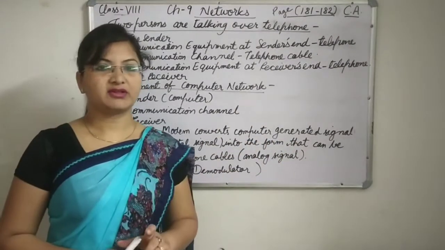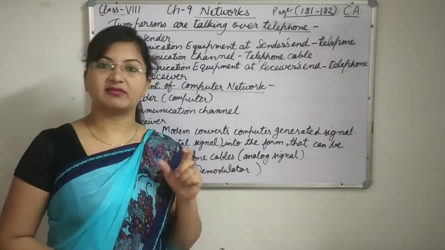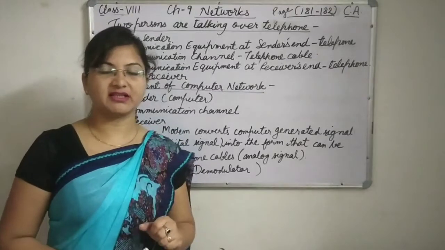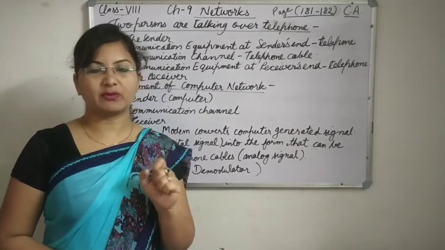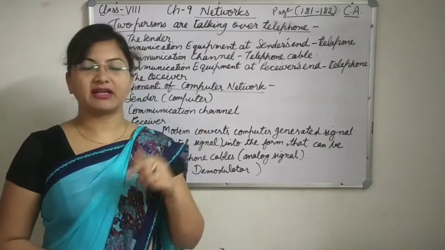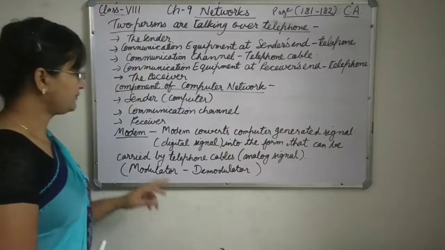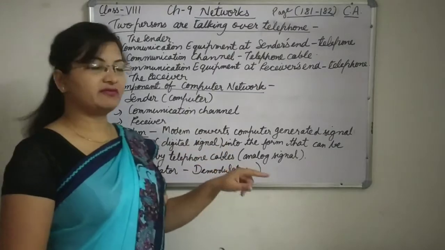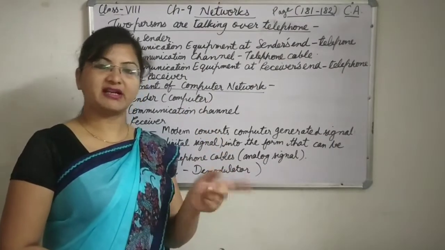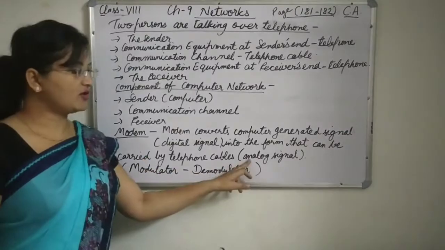You know what computer data is? Computer data is in the form of digital signals, that means binary language, 0 and 1. That digital signal cannot be transferred over the normal cable. So here modem will convert the computer generated signals, that means digital signal, into the analog signal. Now what is analog signal?